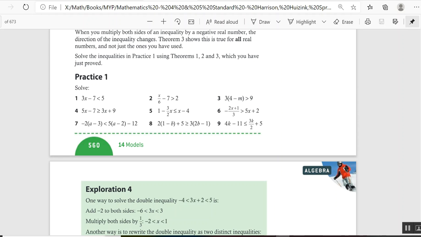Make sense? So this is what you're doing. Page 560 is practice 1. Have a go with those. See which ones you have to change the signs and which ones you don't. Maybe you can then make your own conclusion as to whether there's a rule that you can follow. All good? Okay.